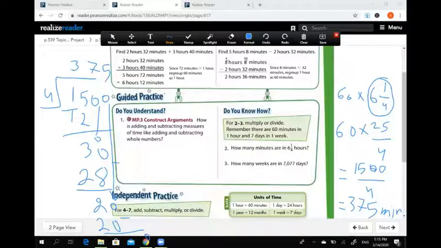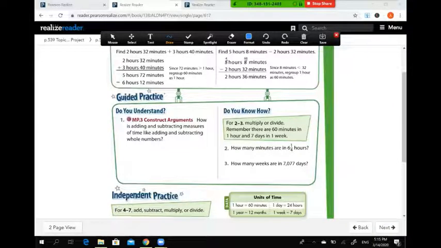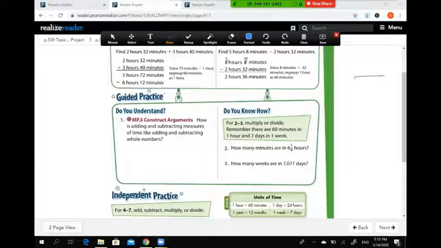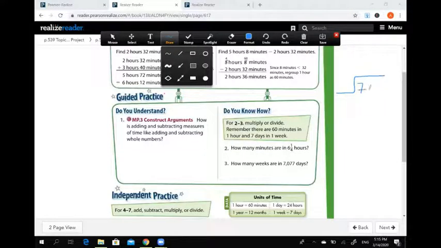Question number 3. How many weeks are in 7,077 days? As we know, we have 7 days in a week. So to know how many weeks in 7,077, we should divide 7,077 by 7, because each week has 7 days. 7 times 10 equals 70.